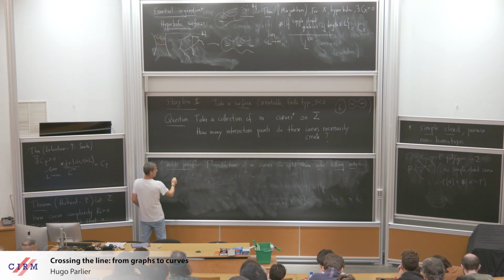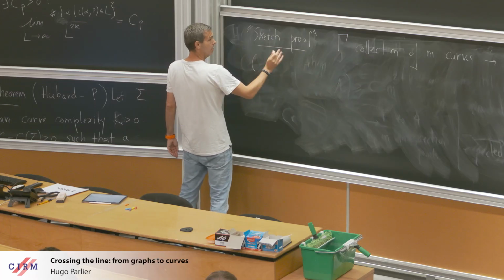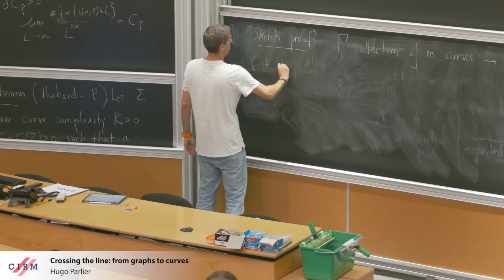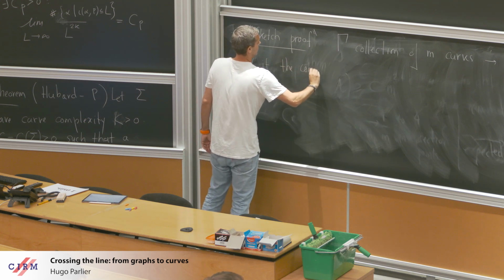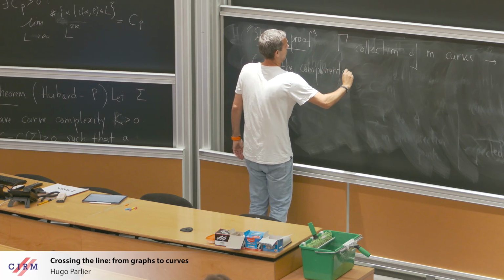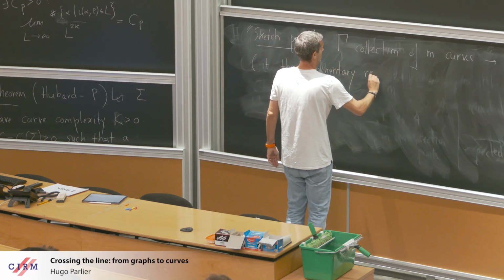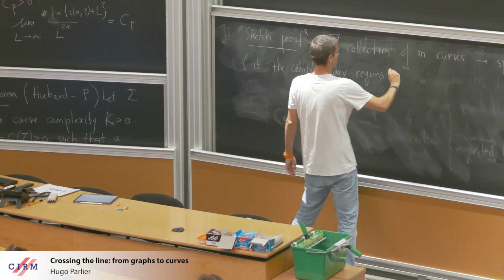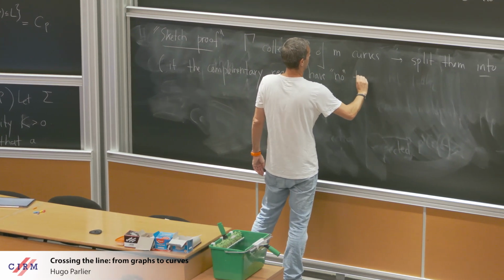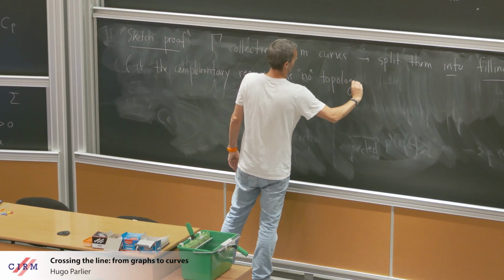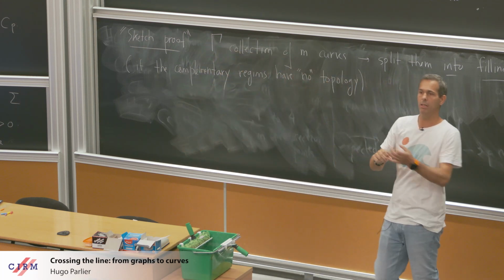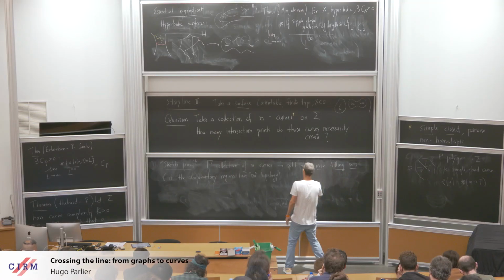This means that a set of curves fills a surface if the complementary region or regions have no topology. Okay, I'm being a little bit sketchy because it depends on whether you have boundary, so I'll just give you an example.